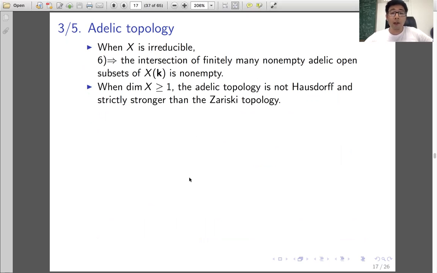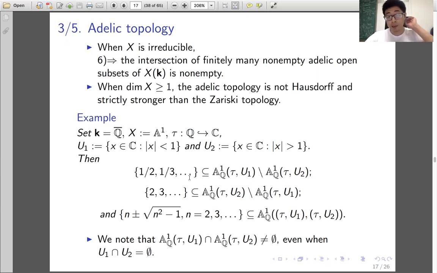When dimension of X is larger than or equal to 1, the adelic topology is not Hausdorff, and it is strictly stronger than the Zariski topology. Here is an example. Let K equal Q bar, and X is the affine line.